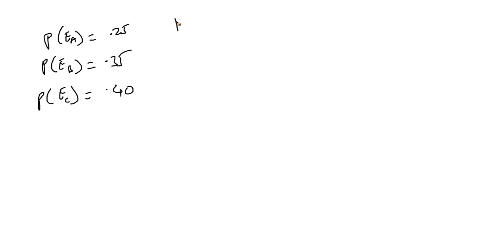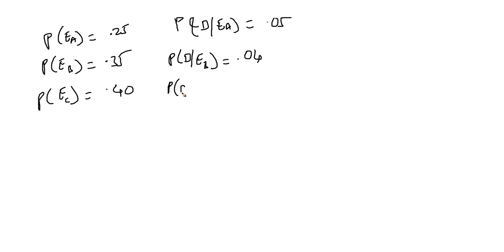And then you also see the probability of a defective item given it came from EA is 0.05. The probability of a defect given the bolt is coming from EB is 0.04. The probability of a defective bolt coming from machine C is 0.02. So this is what is given, and we are asked the probability that a bolt came from B given it is defective. Now you want to compute EB.